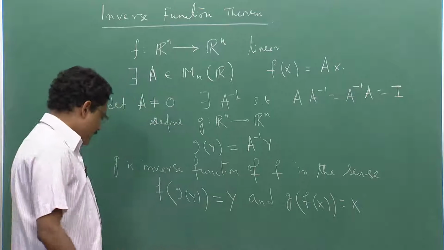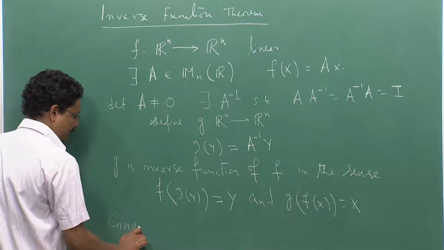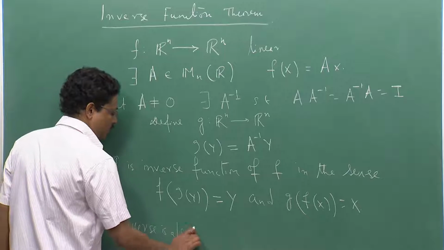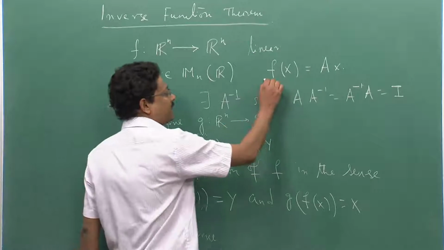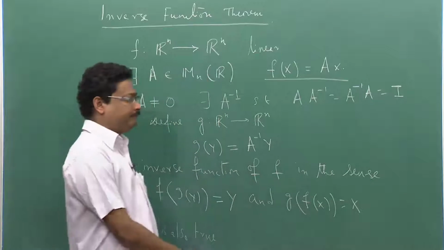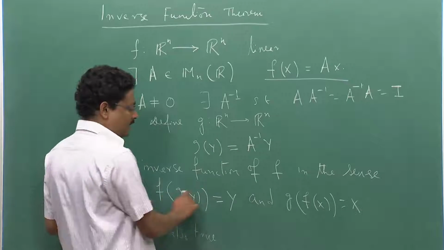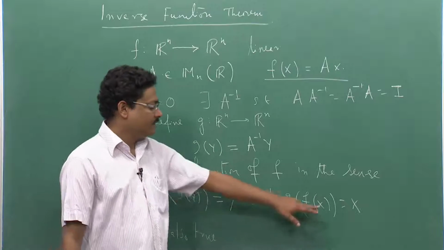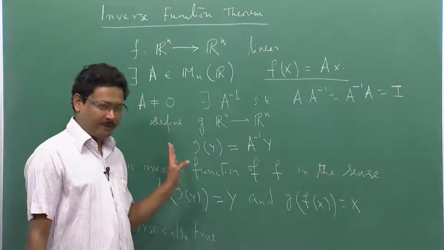On the other hand, the converse is also true: suppose I have this f of x linear and there exists a g such that f of g of y equals y and g of f of x equals x, then g has to be given by A inverse y.